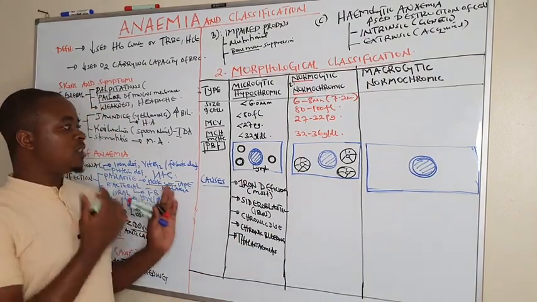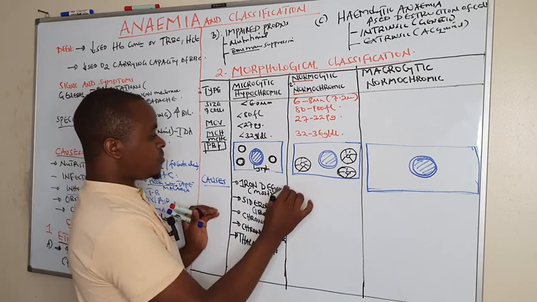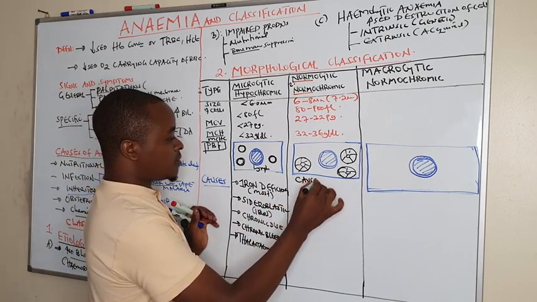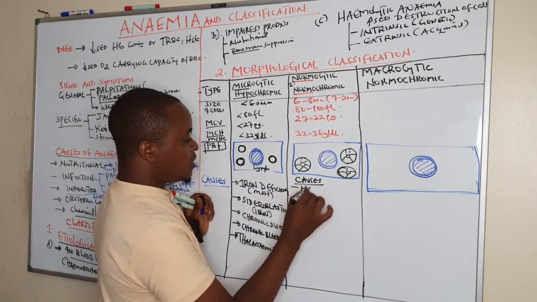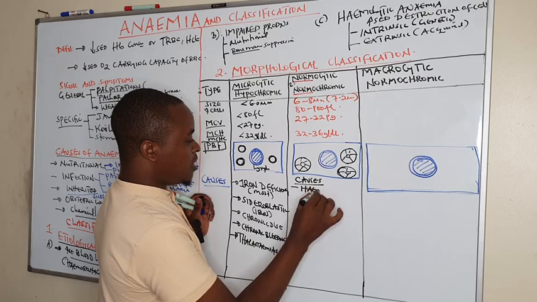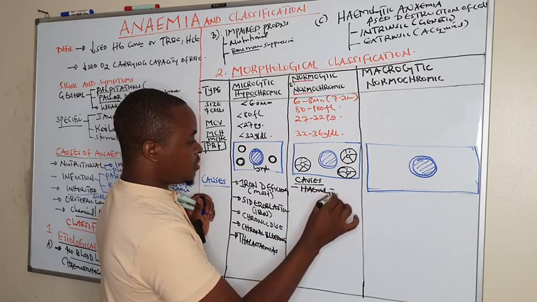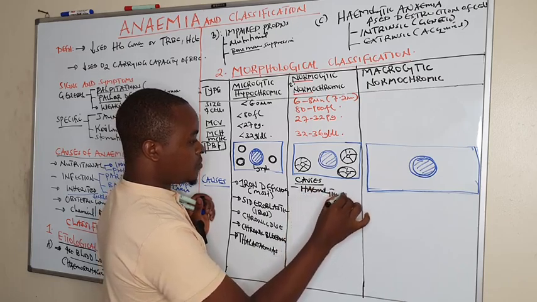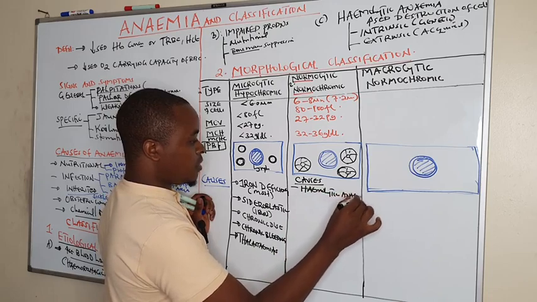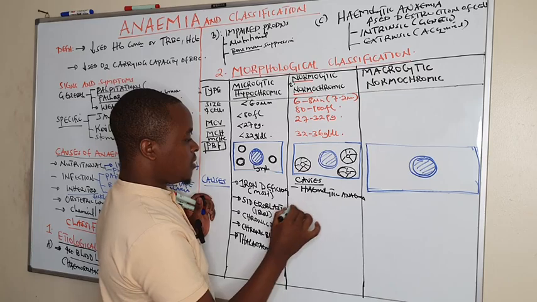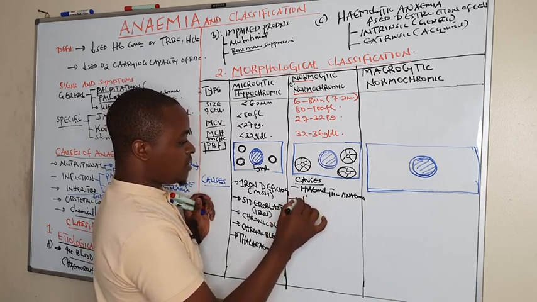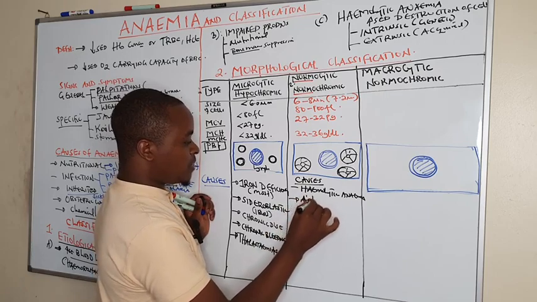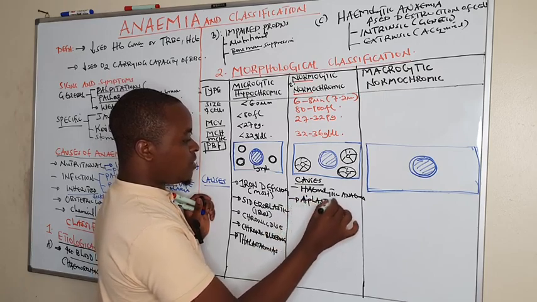And the causes of this type of anemia, we are going to see the causes of normocytic, normochromic can be some hemolytic anemias like sickle cell. We can also see this one being caused by aplastic anemia due to bone marrow failure.